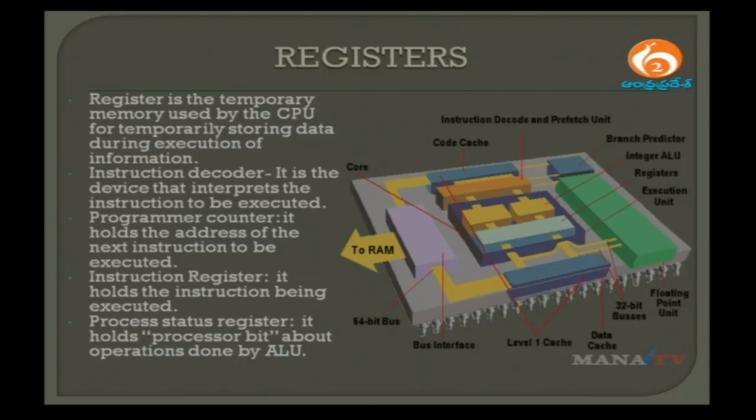When I talk about registers, we have the instruction decoder, program counter, instruction register, and process status register. If you can see the diagram, we have the core, and then the code cache, and then the instruction decode and prefetch unit, and then the branch predictor.